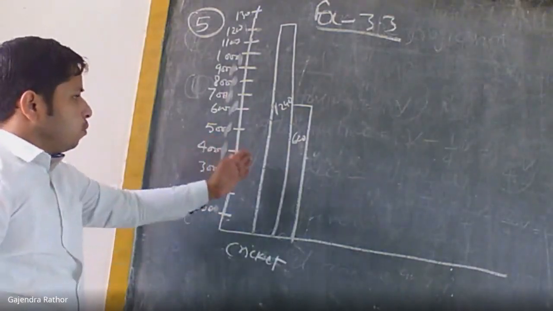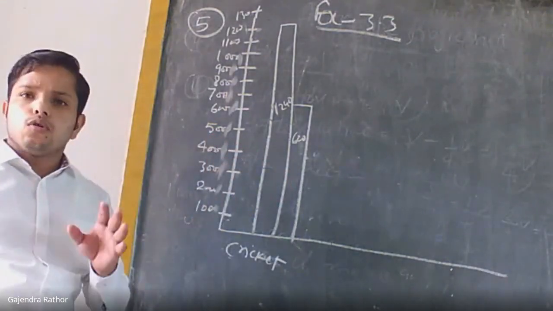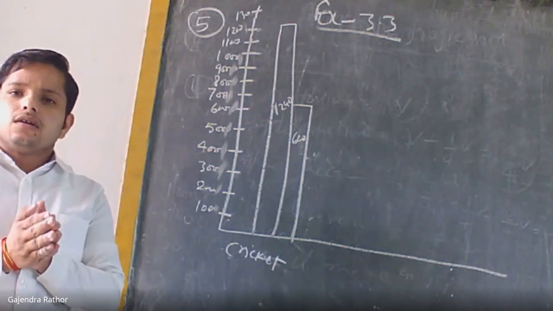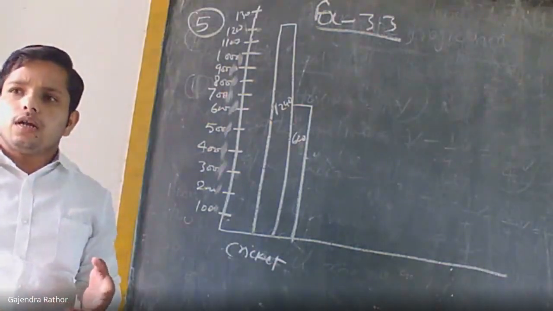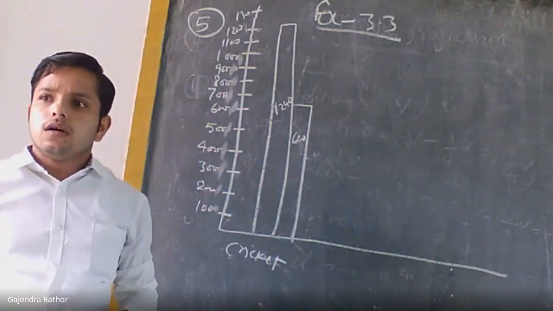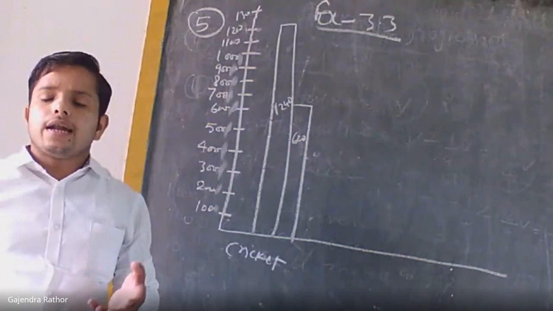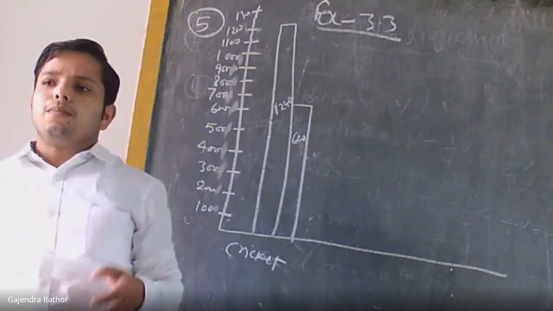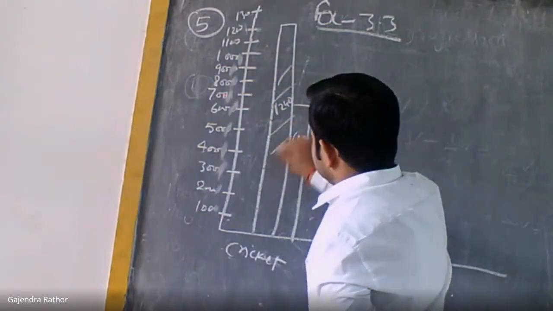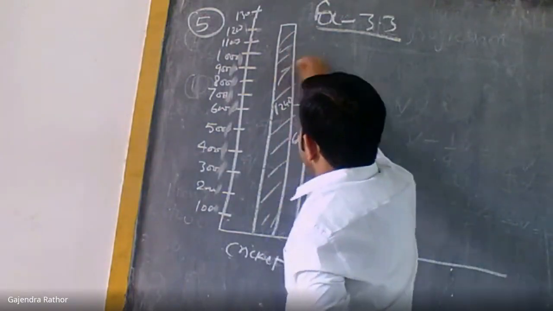So now both bars are the same. So to identify the difference, we have some options. We can color these bars with different colors, or we can use some symbols for the second bar.